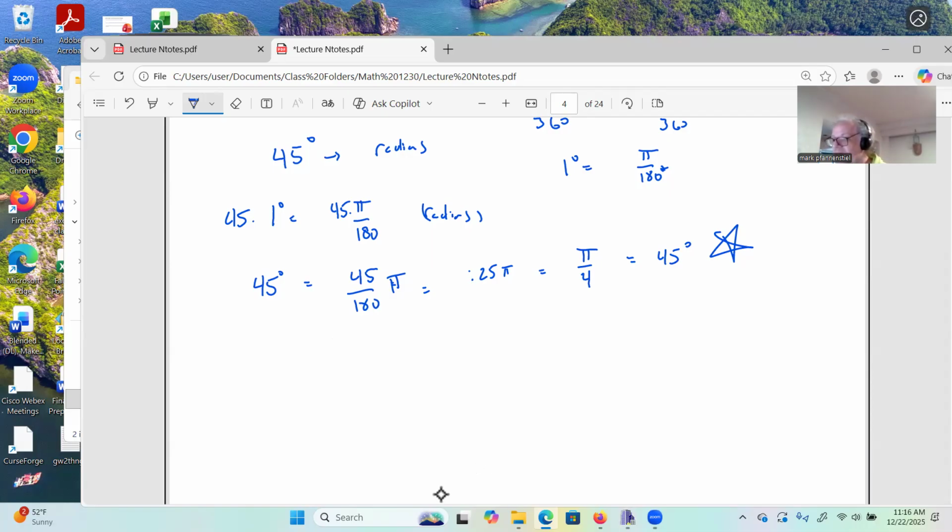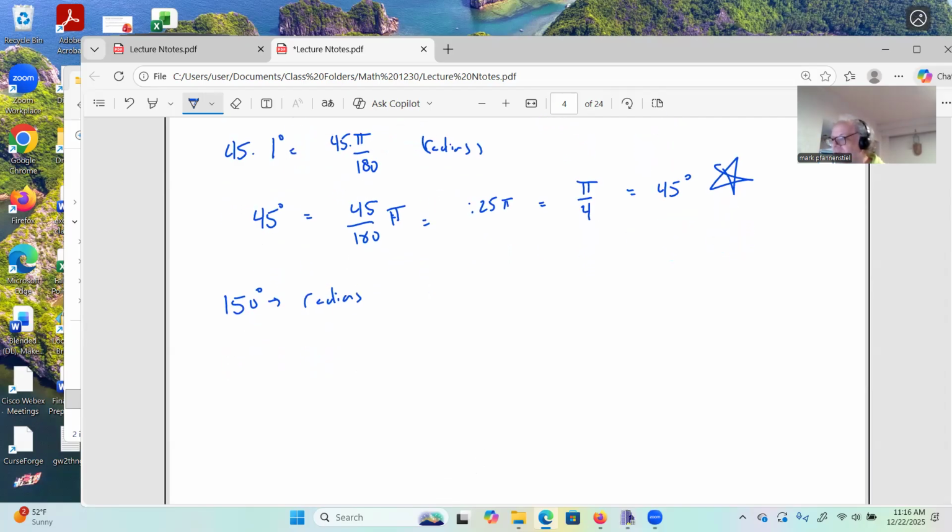Same idea. We're going to convert 150 degrees into radians. Going back to this, we know that 1 degree is equal to pi over 180. Let's just multiply it by 150. So 150 times 1 degree is equal to 150 over 180 times pi. I'll do some reductions because I want to keep this as a fraction.